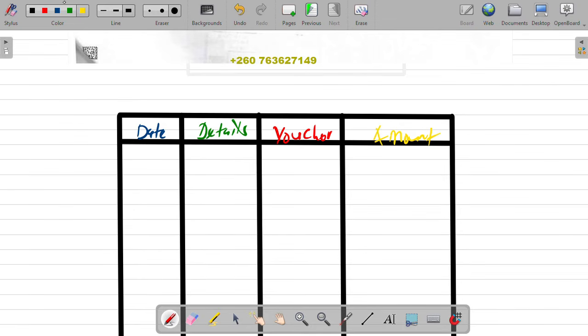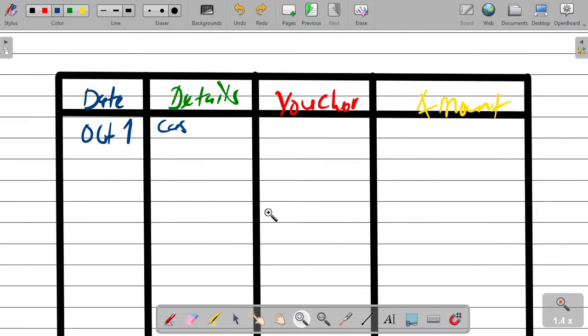So the debit side. October 1st, details: cash received.